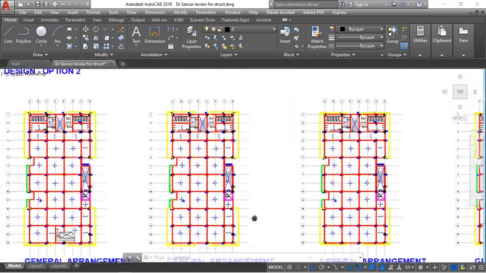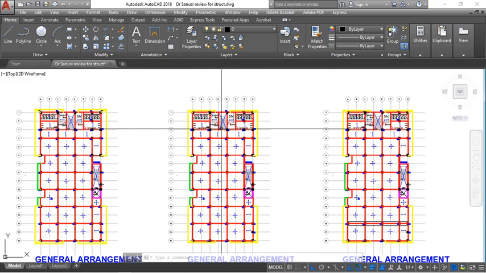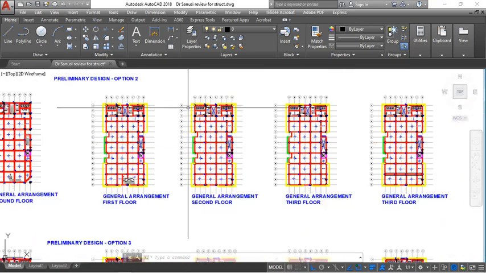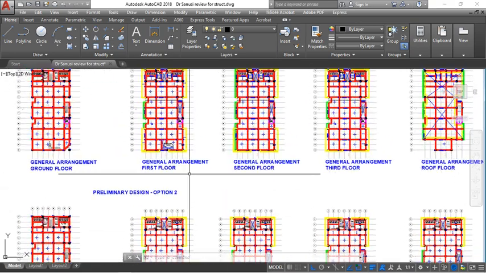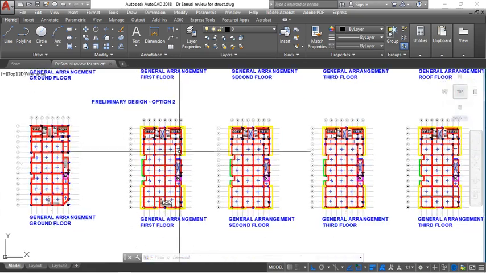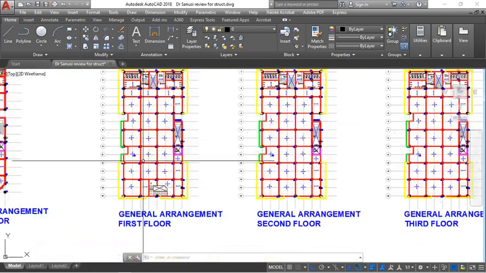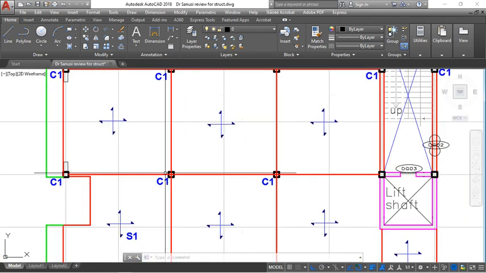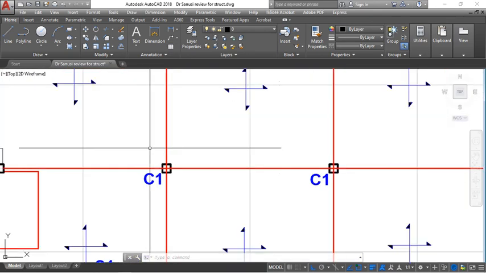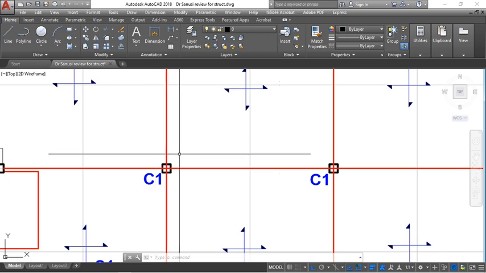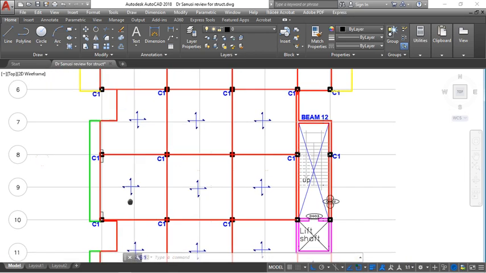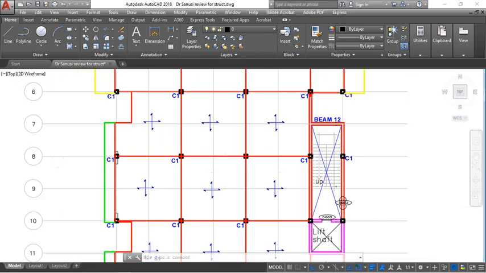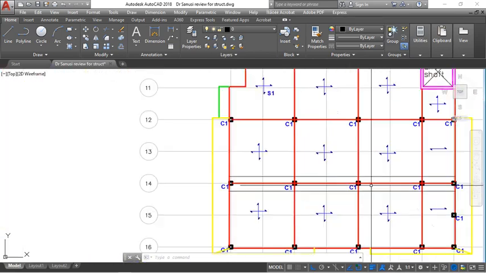So this is the flat slab kind of arrangement, probably similar to the beam and slab arrangement. The only difference is that you don't have beams, you only have flat slab and column. So during analysis, you might have columns that will need a drop panel, or you might have a combination of column and drop beam.